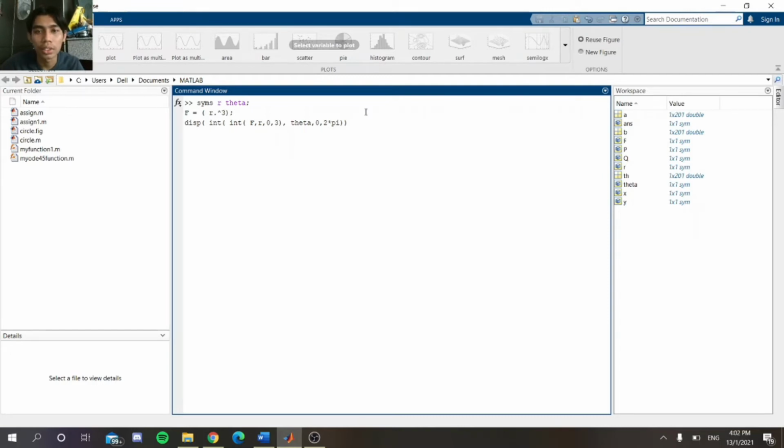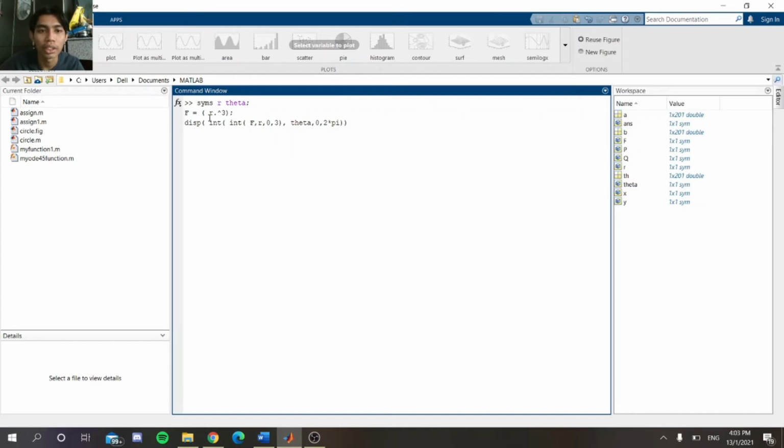Then we solve for the double integral, but we need to change the equation into polar form first, where we use r and theta, and we know x squared plus y squared equals r squared, and the double integral will be the double integral of r squared times r dr d theta.